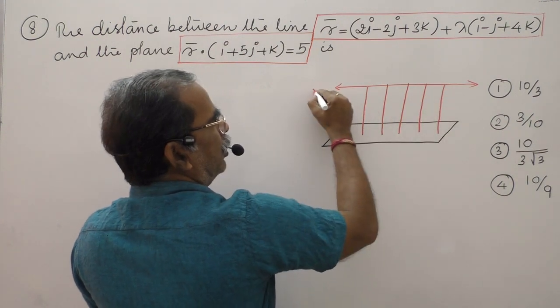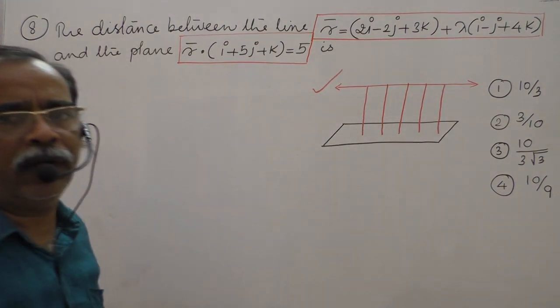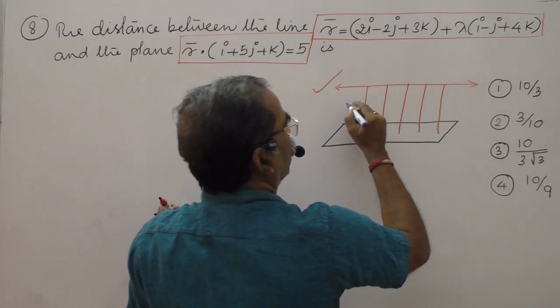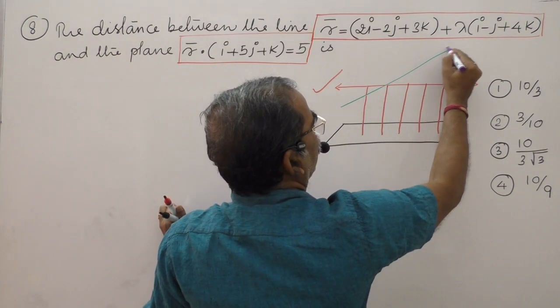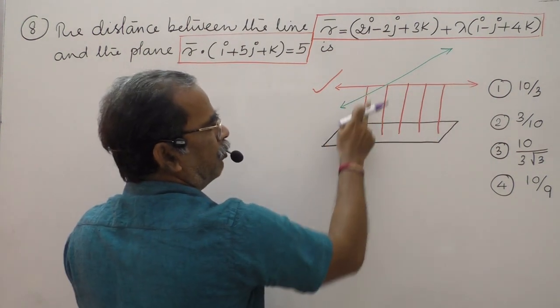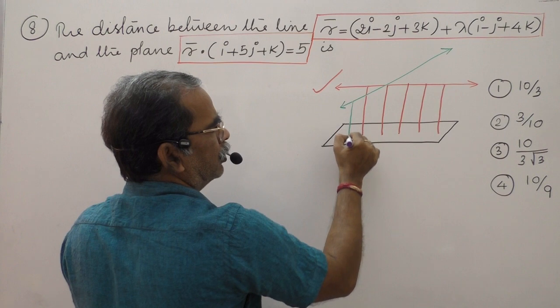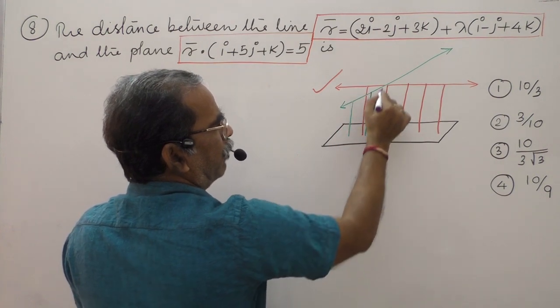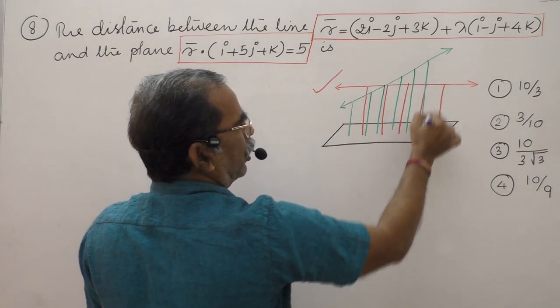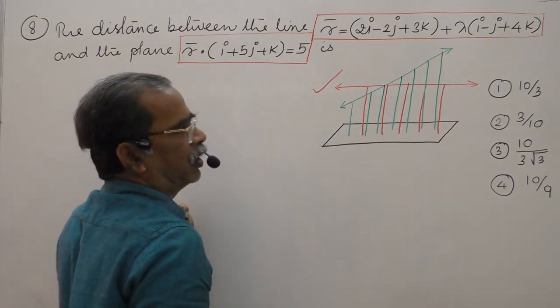Here distance is defined, distance between line and plane. If the line is not parallel to this, for example, if the line is like this, then distance between the line and plane means there exist infinite values. So a unique distance will not exist here.